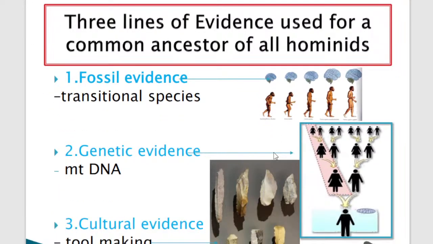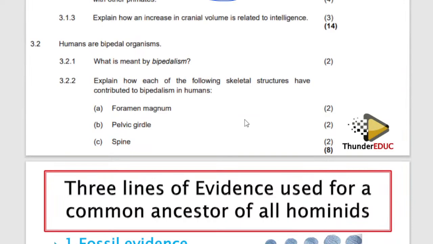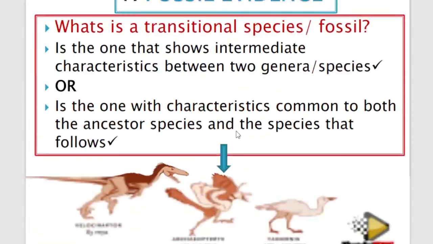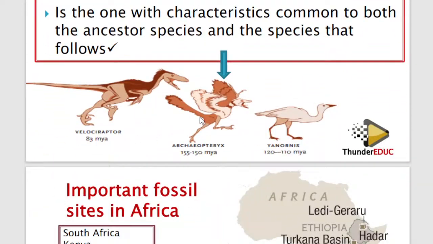If you look at this species, you'll find out that it has the characteristics of this ancestor and the characteristics of the next generation. So we call that one a transitional species.